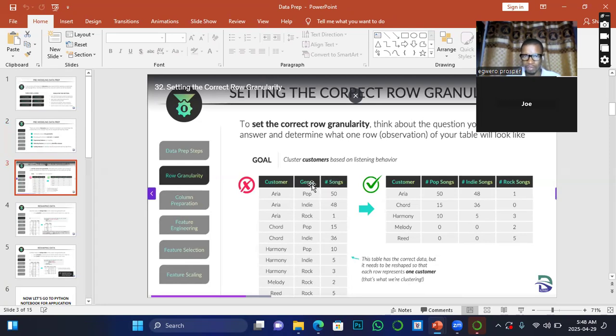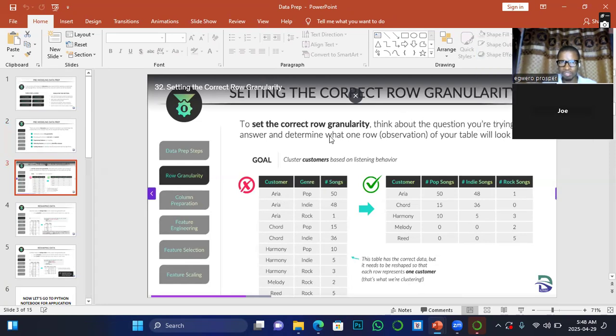So we have song, we have genre. This is where you record different types of song. Now, the artist is repeated. So let me explain it from here so that you understand. To set the correct row granularity, think about the question you are trying to answer and determine what one row observation of your table will look like.